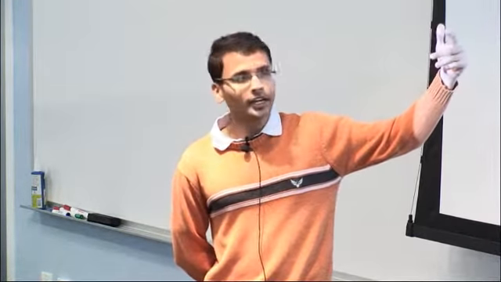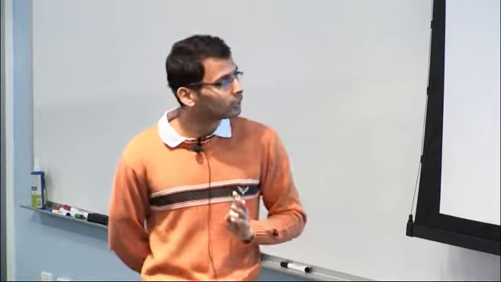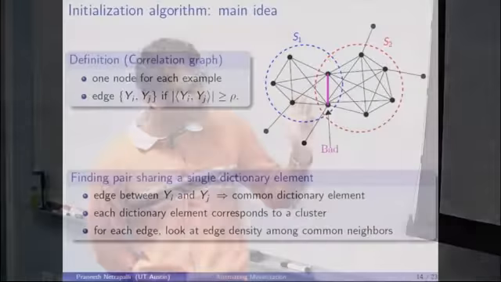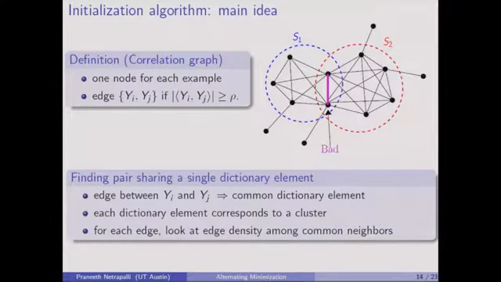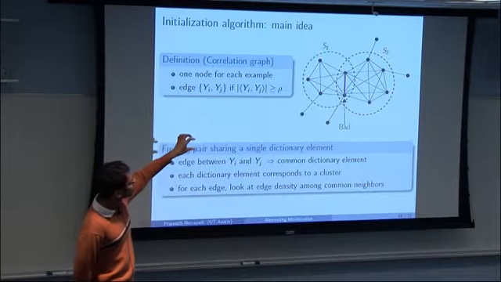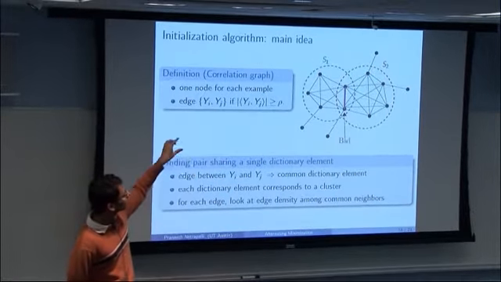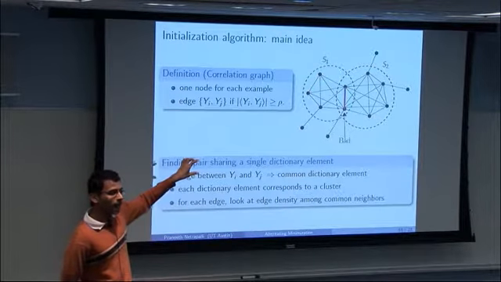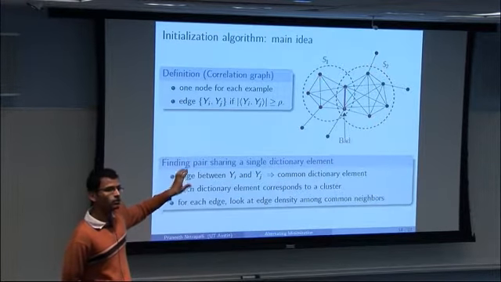Using these two observations, we want to take an edge and say whether the corresponding examples share exactly one dictionary element or more than one dictionary element. And we do this by looking at the edge density among common neighbors. Suppose we pick this particular edge, we can see that they share two dictionary elements corresponding to S1 and S2, and the edge density among common neighbors is far away from 1.